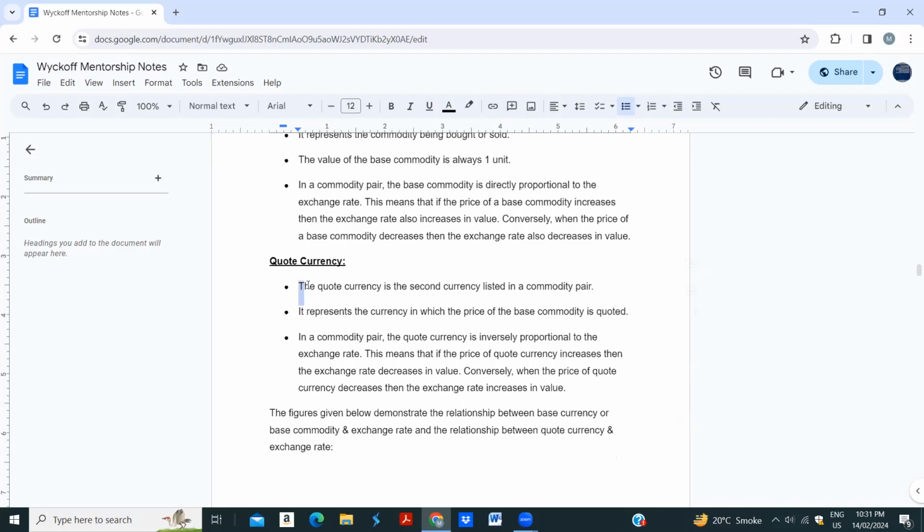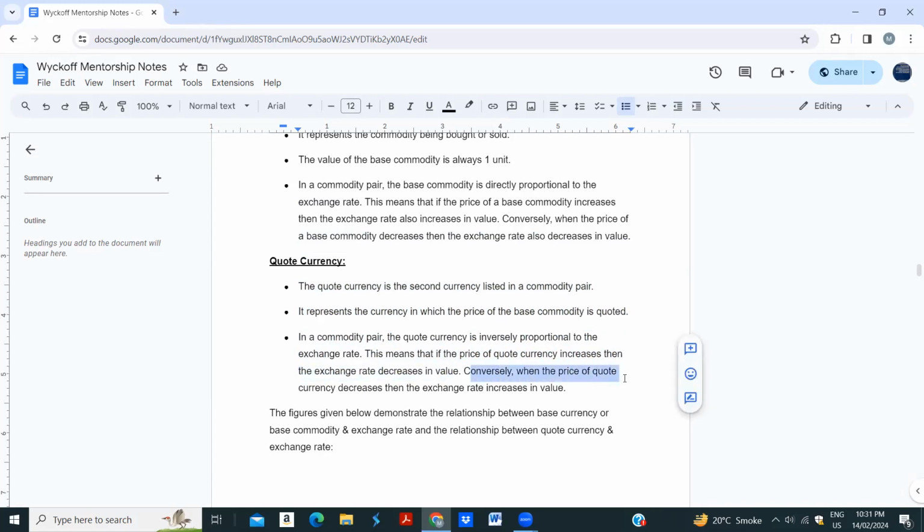So quote currency. The quote currency is the second currency listed in a commodity pair. It represents the currency in which the price of the base commodity is quoted. In a commodity pair, the quote currency is inversely proportional to the exchange rate. Remember this. This means that if the price of the quote currency increases, then the exchange rate decreases in value.